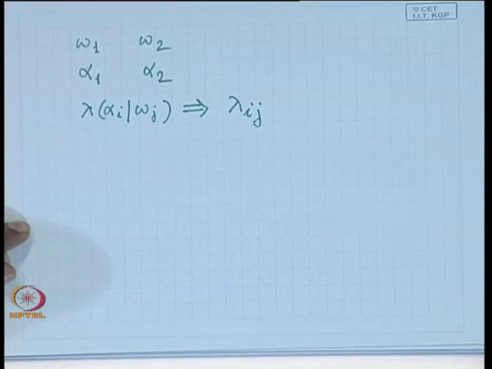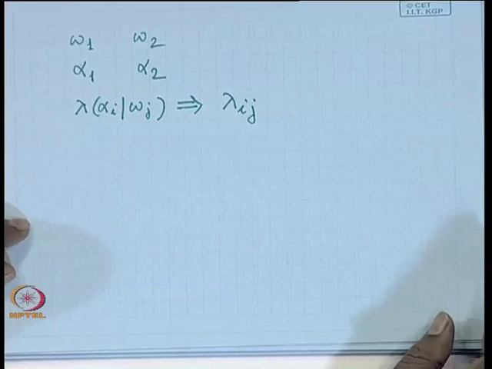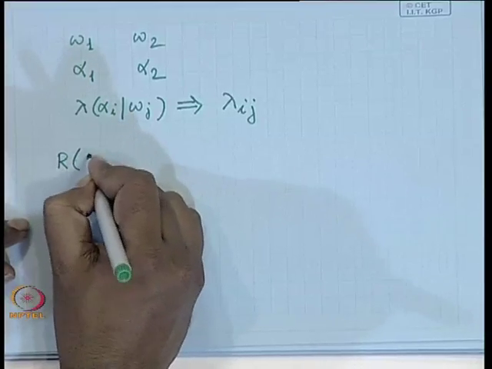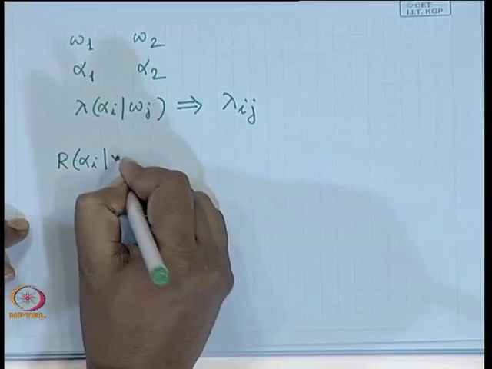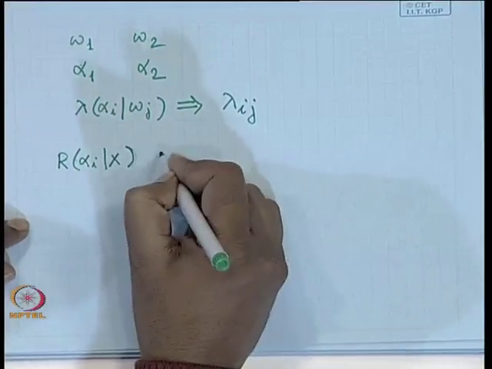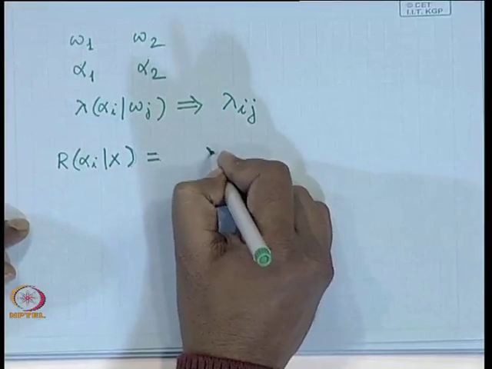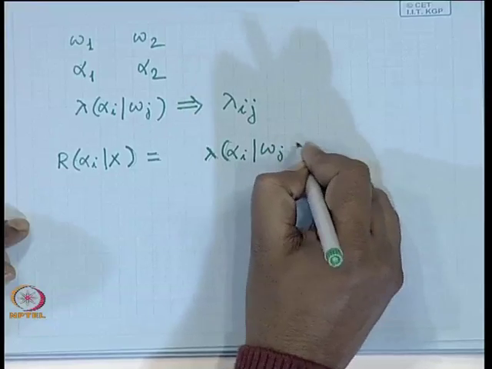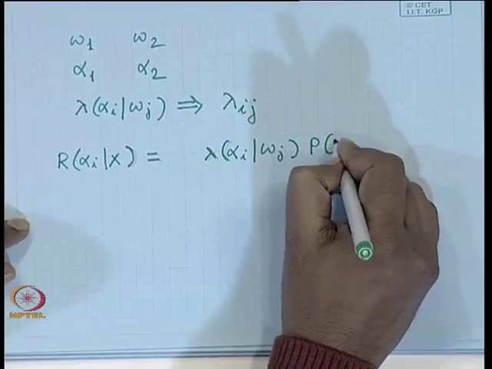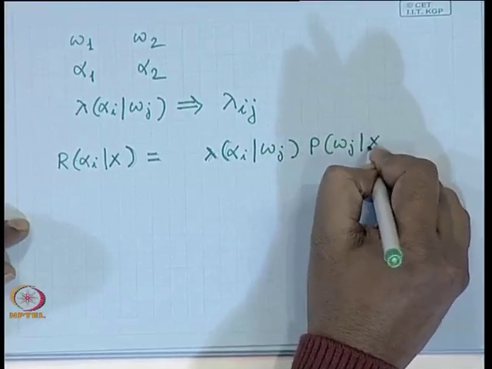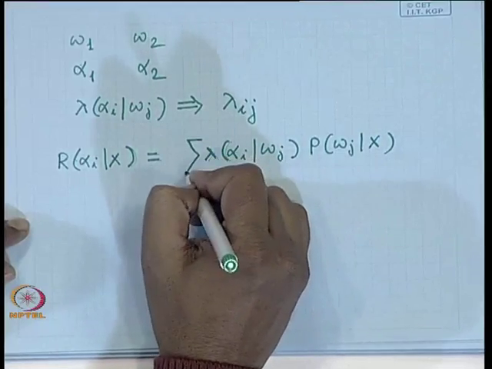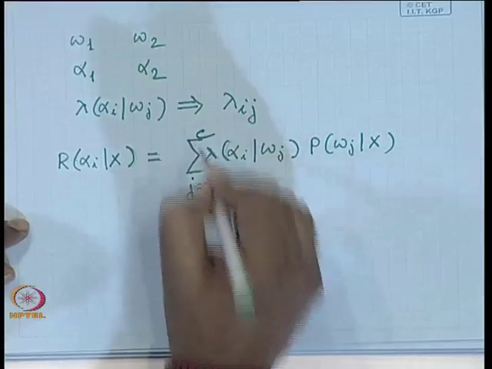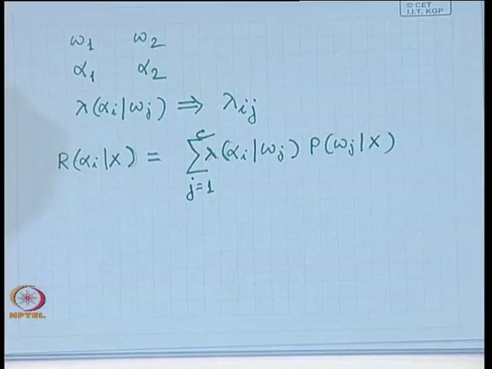So, for this 2 class problem, I can have the risk function r of alpha i given x, as we said, is nothing but the summation over j equal to 1 to c of lambda alpha i given omega j into probability omega j given x, for all possible states of nature.